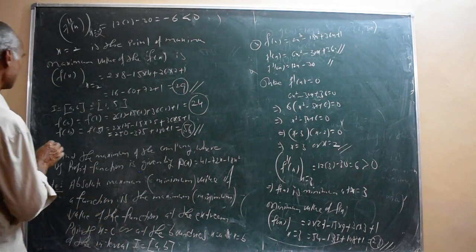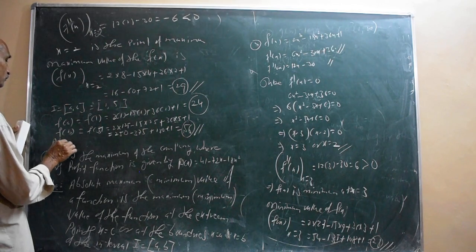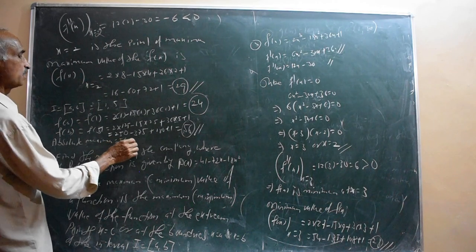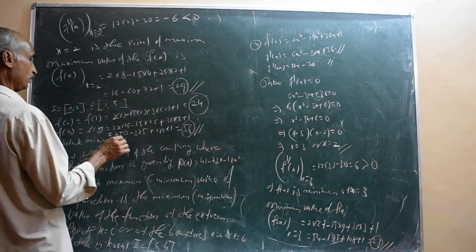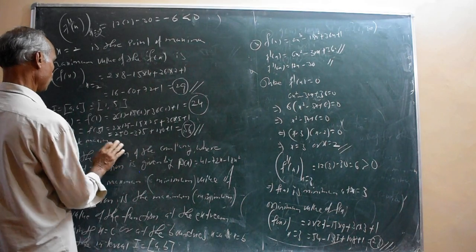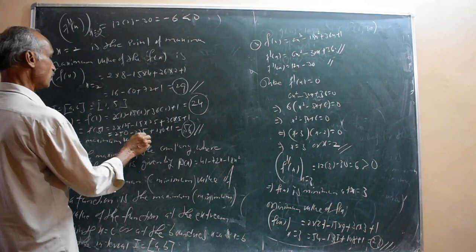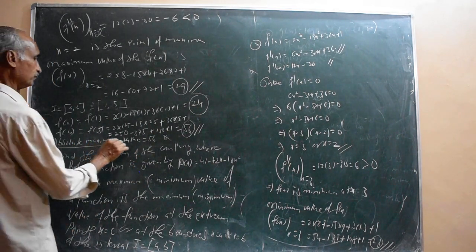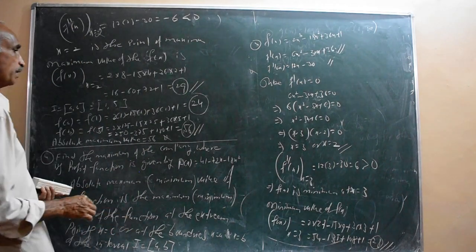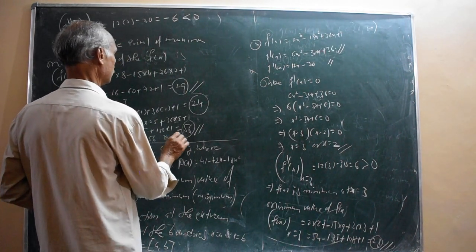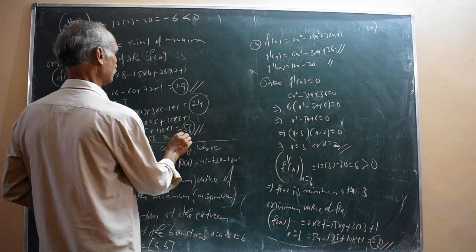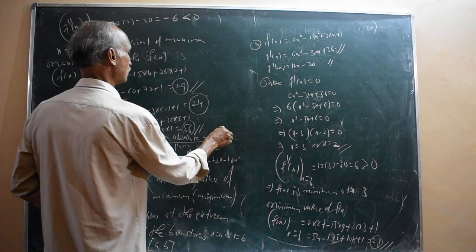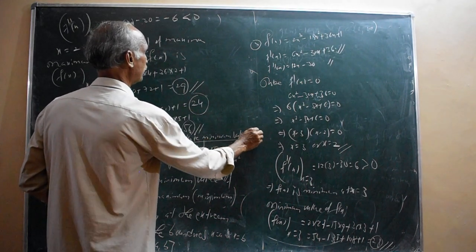Therefore, the absolute maximum value is equal to 56 and the absolute minimum value is equal to 24.